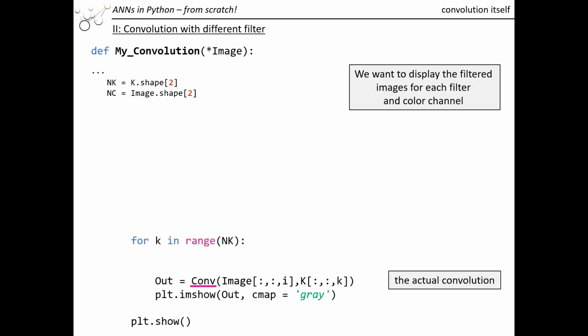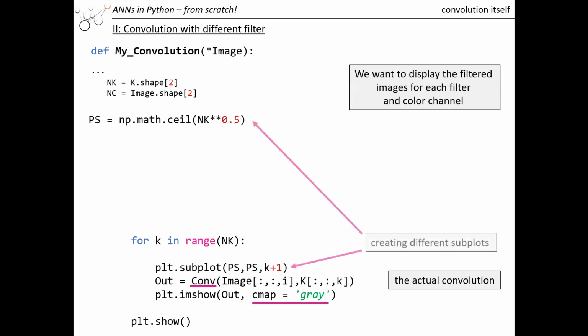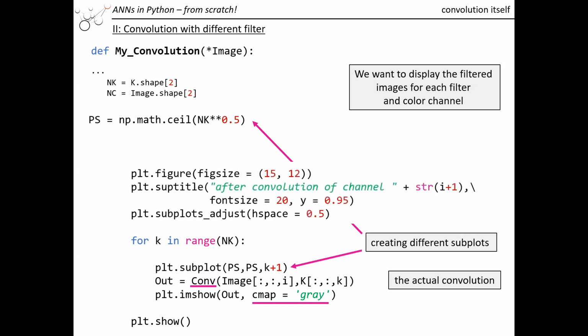And we want to do this with all the filters and with all the different color channels so that we create a plot or a figure with different subplots according to the different convolution filters. And we want to have these subplots for every different color channel.